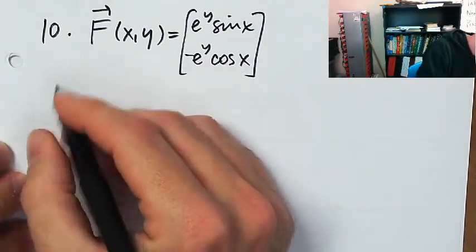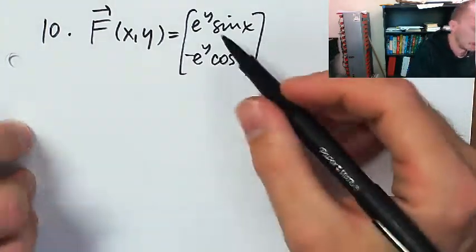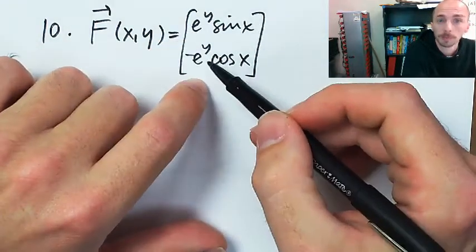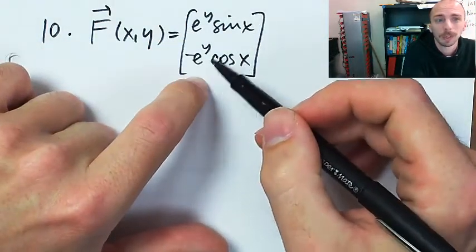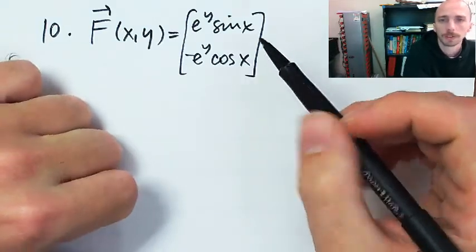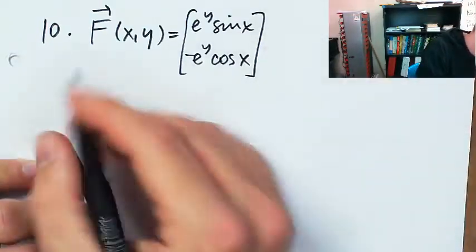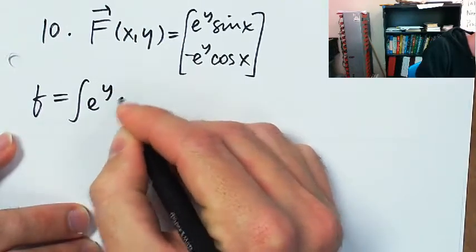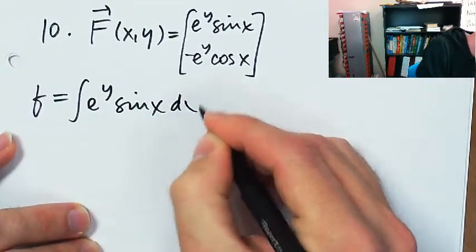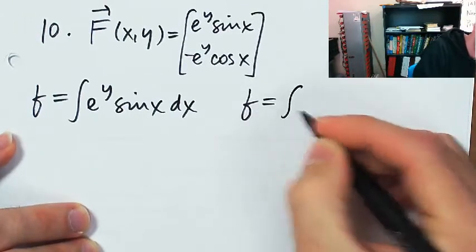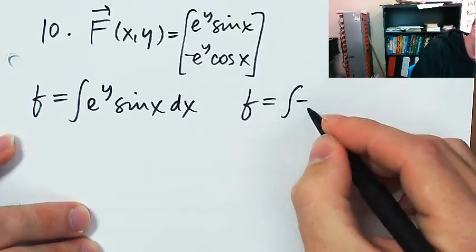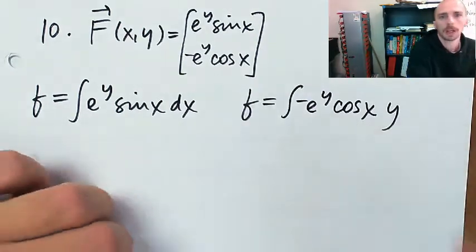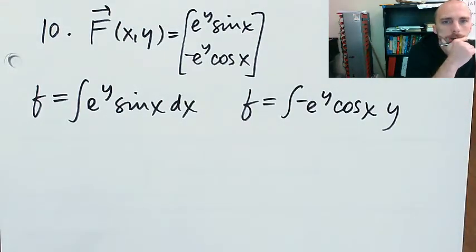But I'm going to say I can see that the derivative of this with respect to y is going to be e to the y sine x, and the derivative of this with respect to x is also going to be e to the y sine x, so I don't really need to check if it's conservative. I can just see it is. So I'm going to say f is an antiderivative for e to the y sine x with respect to x, and f is an antiderivative for negative e to the y cosine x with respect to y. Oh, that's interesting.